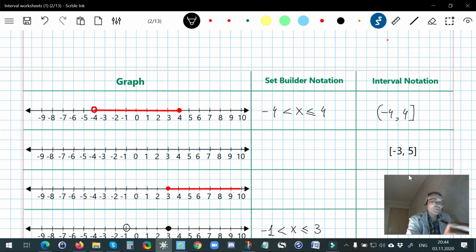Let me first draw. I'll draw it like in your case without colors. I must blacken both points, -3 and now +5. And I think my choice is to draw this.